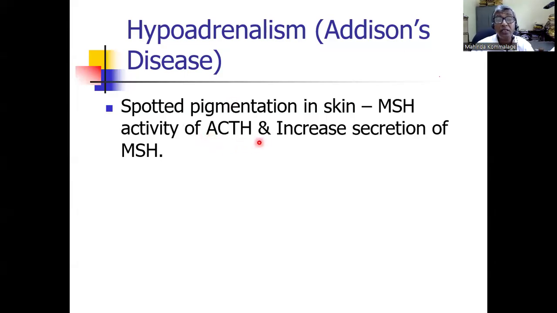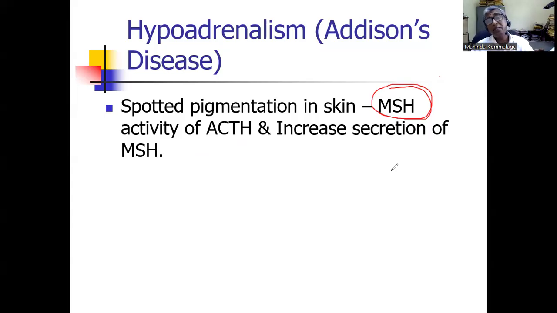So the ACTH level increases. As I mentioned earlier, when the ACTH level increases, the precursor to produce ACTH also will increase, and some of this will convert to MSH. MSH is a melanocyte stimulating hormone. It stimulates your melanocytes in the skin to produce more melanin.